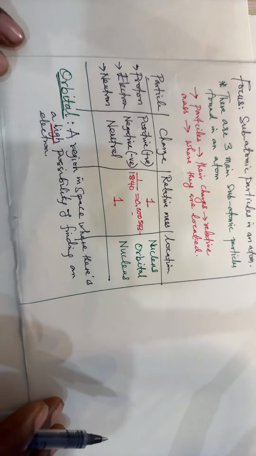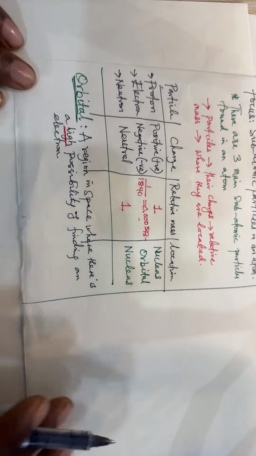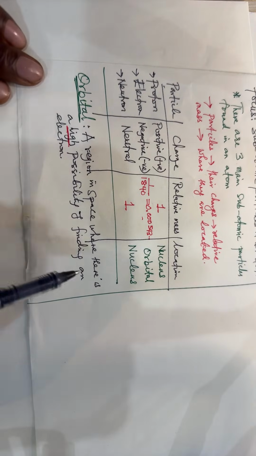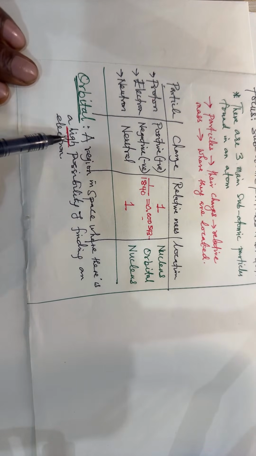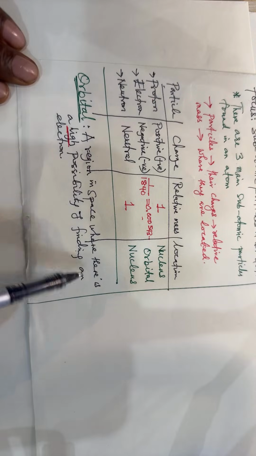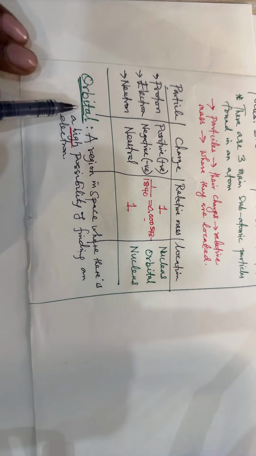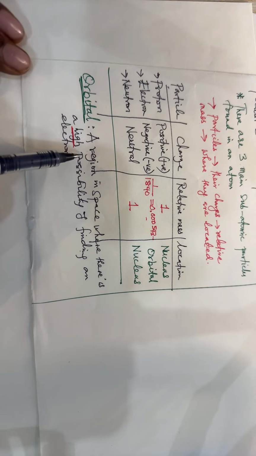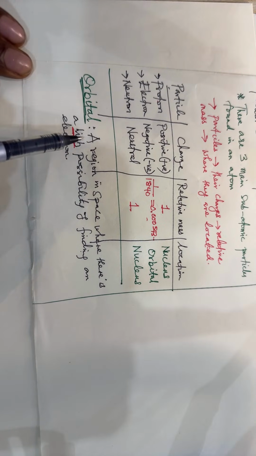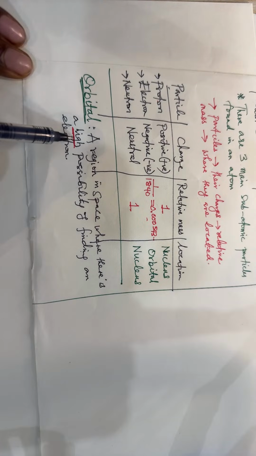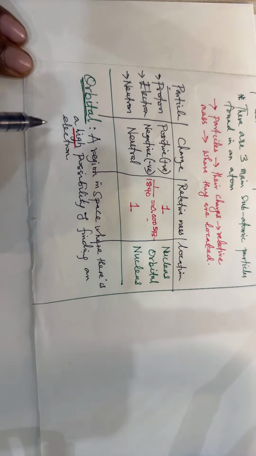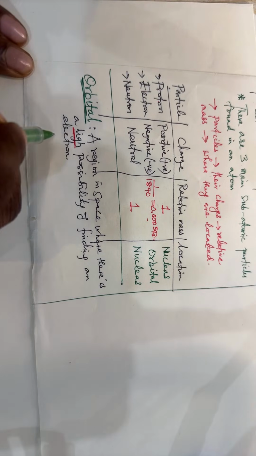So, just pay attention to this particular one. A region in space where there is a high possibility of finding an electron is what we refer to as orbital. Now, if we ask you a question, what about the region in space where there is low, this time not high? Let me use another ink to differentiate this.